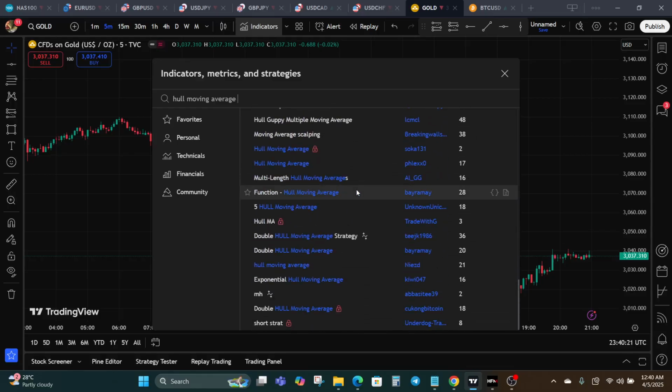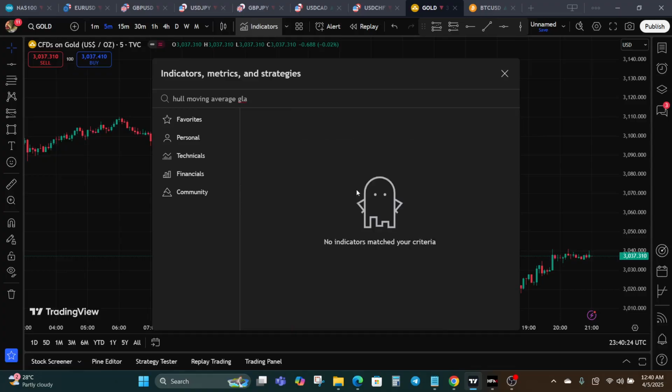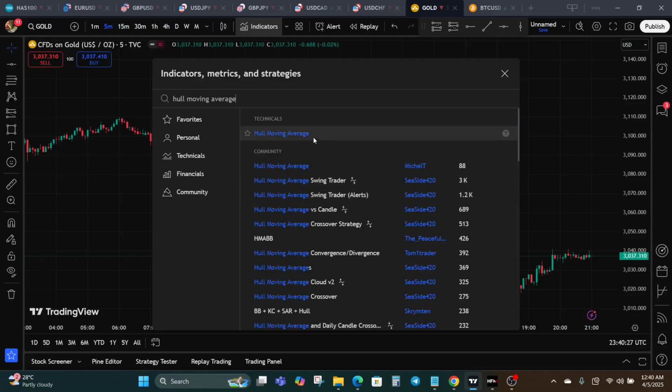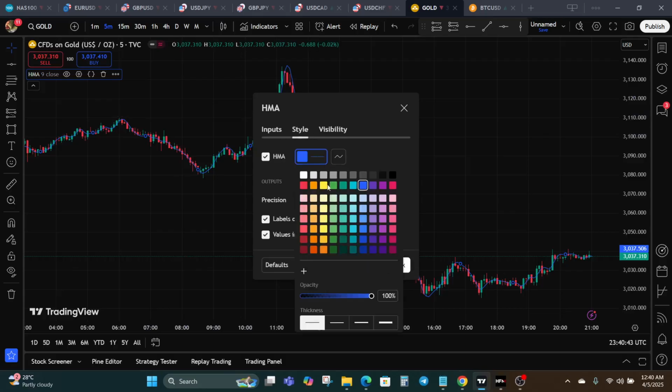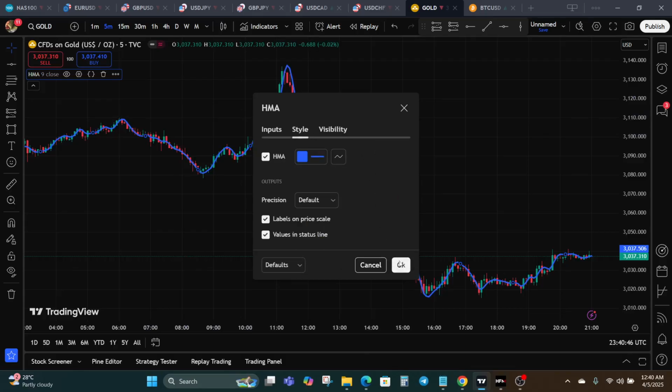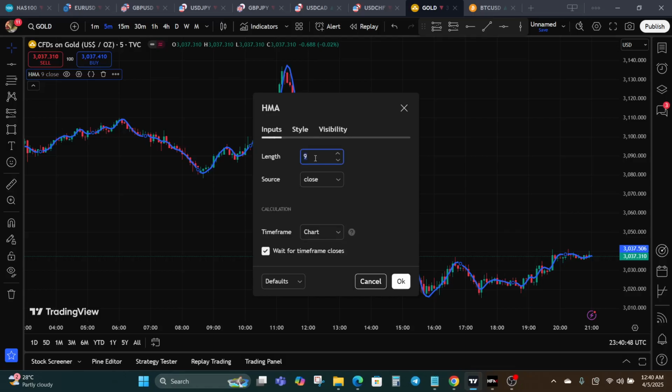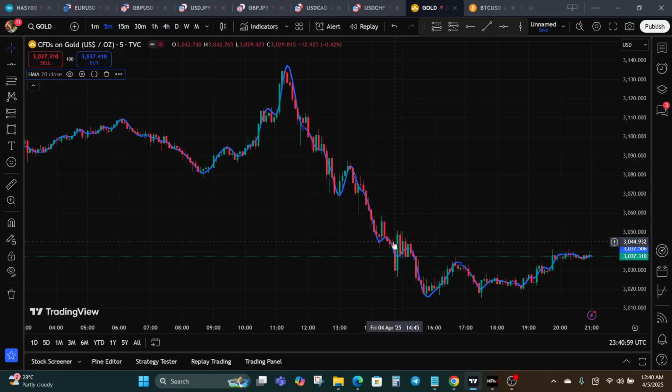Okay, trying to see if we can get a specific one. So you add the Hull moving average to the chart. Now, this is hands down one of the smoothest and most responsive moving averages you'll find.